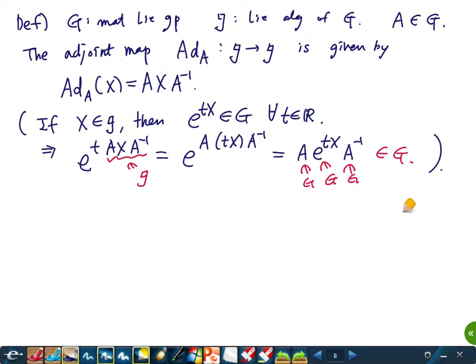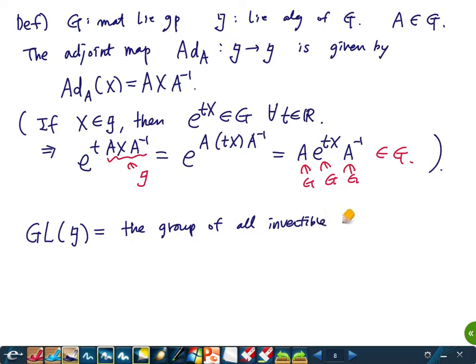All right. I'm going to use this notation GL(𝔤), the group of all invertible linear maps from 𝔤 to 𝔤.